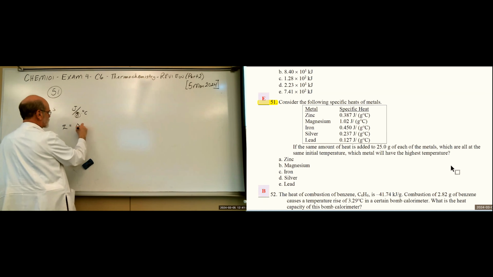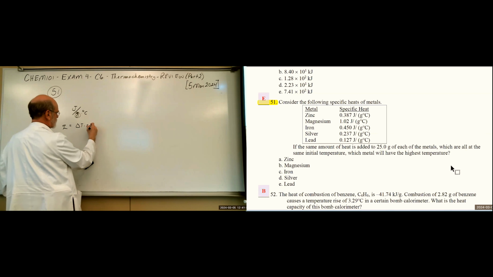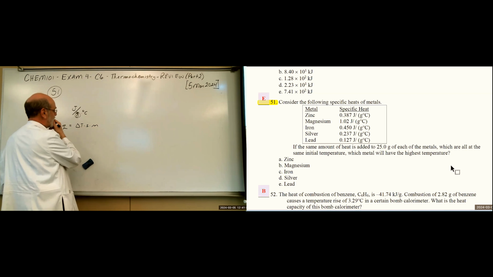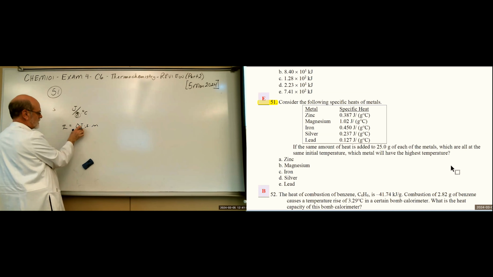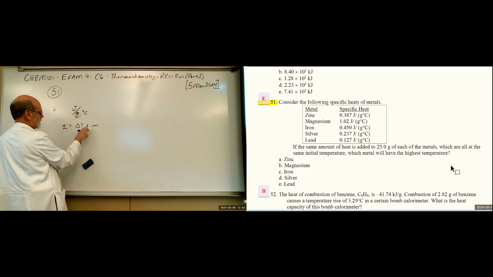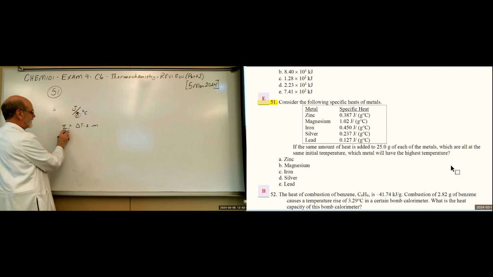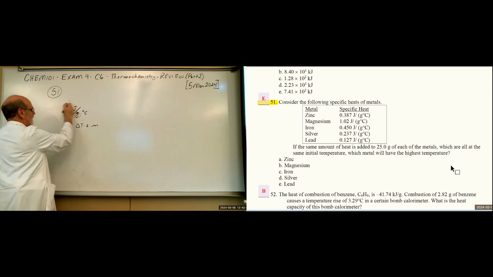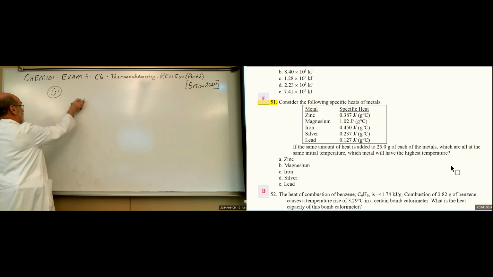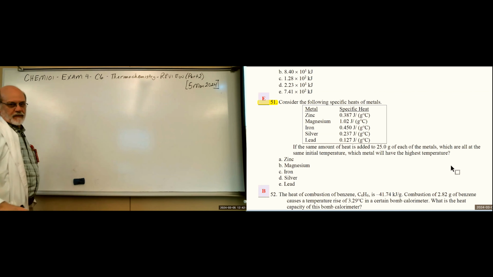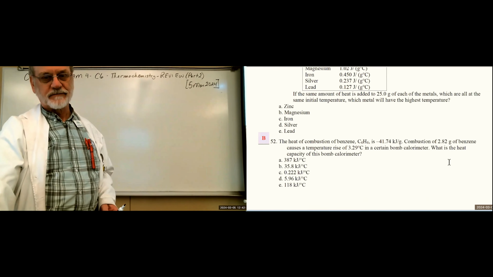Q is change in temperature times specific heat times mass. Right? That means change in temperature will cancel this one, and mass will cancel that and leave us left over with joules. Okay, so the answer is lead for that reason.